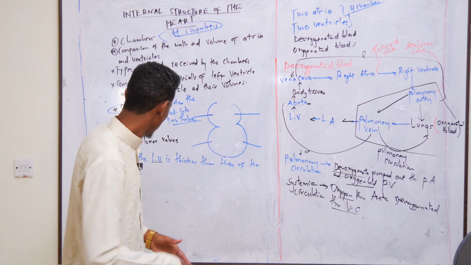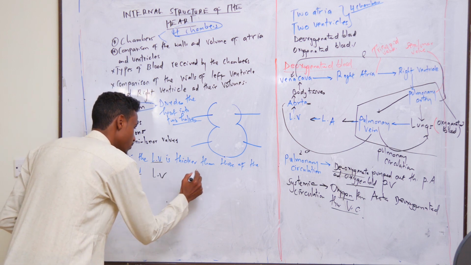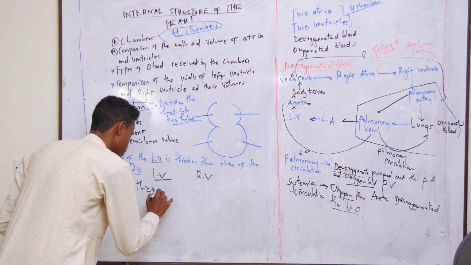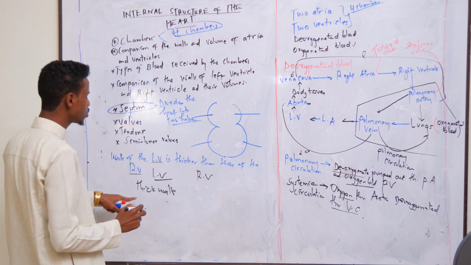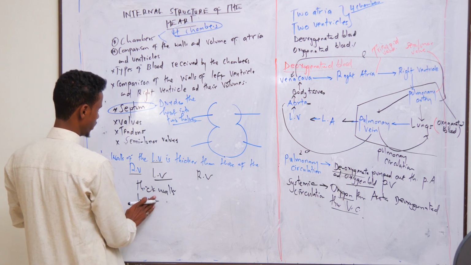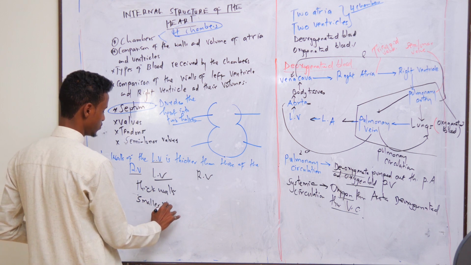Now, let's say we have a left ventricle and a right ventricle. The left has thick walls. What about the volume? Smaller volume.